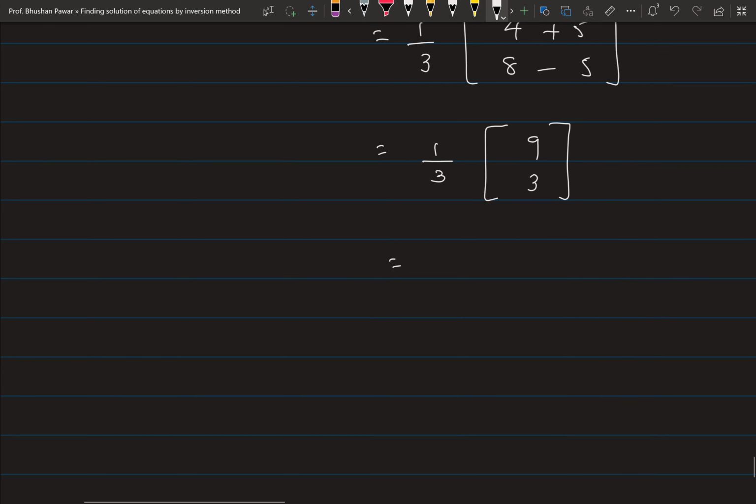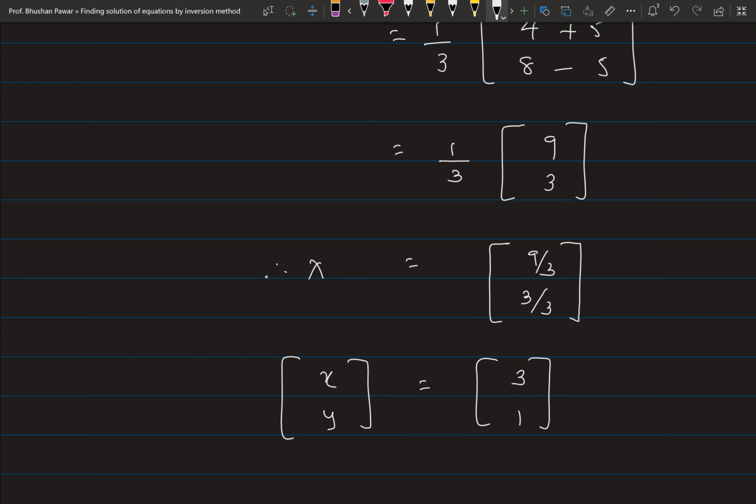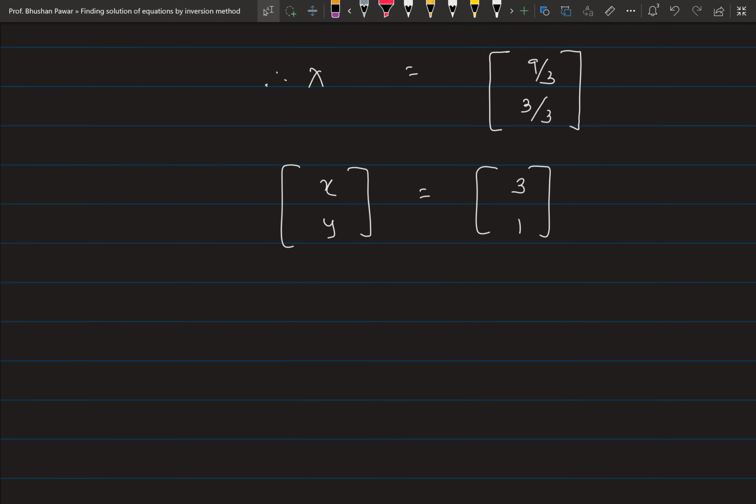So now 1 upon 3 will go inside the matrix, so it will multiply with each and every element, so it will be like this one. So on simplifying, we get 3 and 1. By the way, on the left hand side we have matrix X, so that was actually column matrix X and Y. Now on the left hand side we have a matrix of the order 2 by 1. On the right we have order 2 by 1.